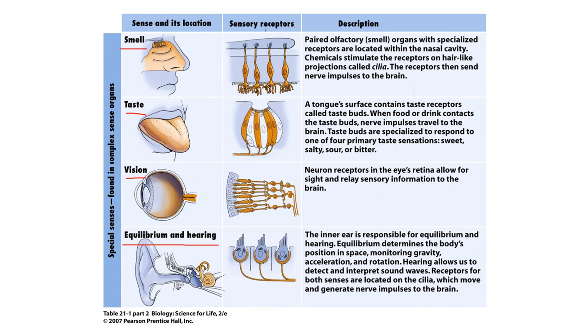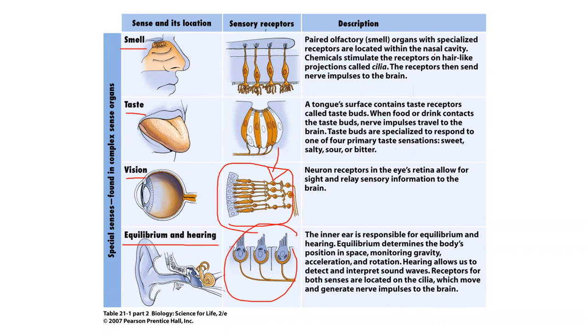And we're going to look at them quite in detail. Okay, the next thing we're going to talk about is vision, and we're going to define all these receptors. Then we're going to talk about equilibrium and hearing, and then taste and smell. And of course, these particular receptors are located in particular organs.